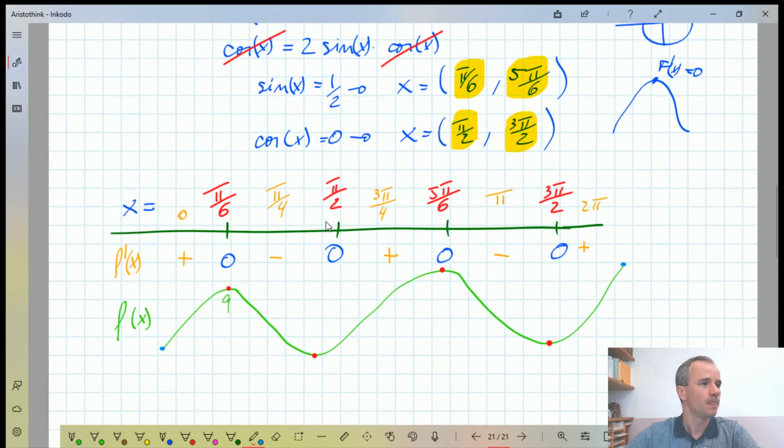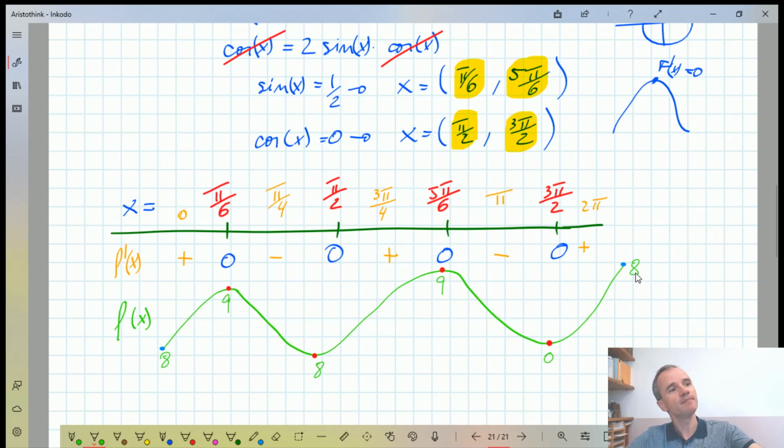Now, when you study the boundaries, we're going to get the value of 8, if I'm not mistaken. 9 in here, then this is going to be 8 again. And this is going to be also a 9. And now this is going to be a 0. And here is going to be 8. You see, that is the value of our function.